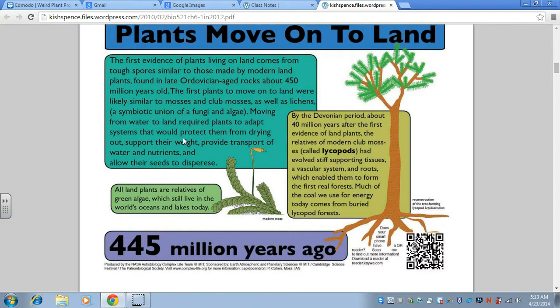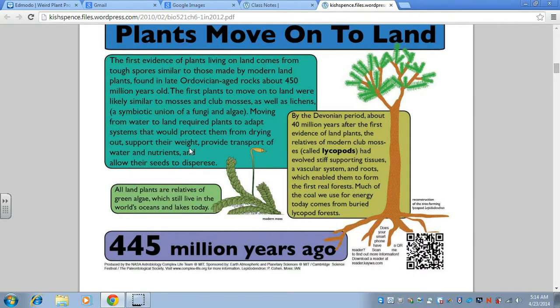So they have a special waxy cuticle coating, for instance, that is on the outside of their tissues in order to prevent water loss. They have special adaptations in that they can produce seeds, the higher level ones, so that their gametes or sex cells won't dry out.